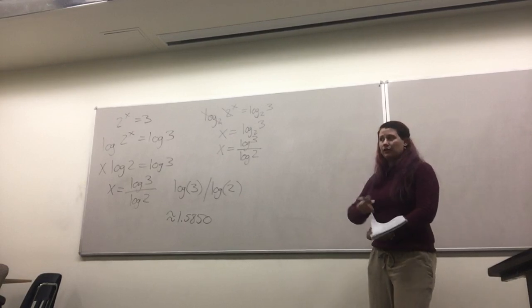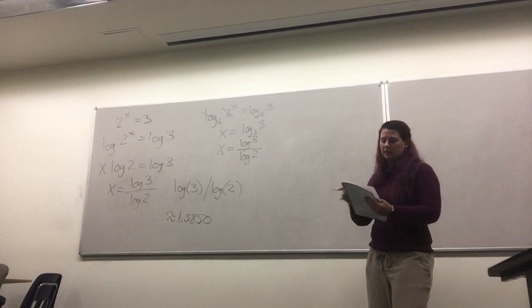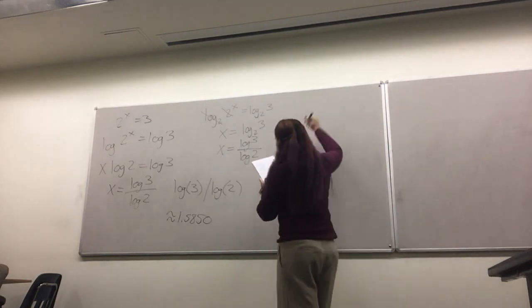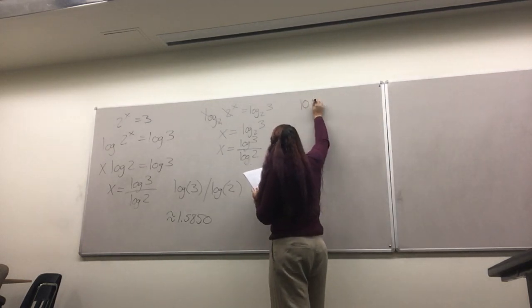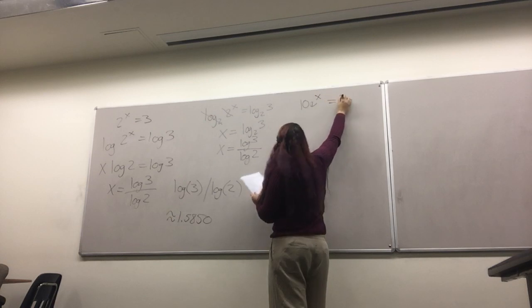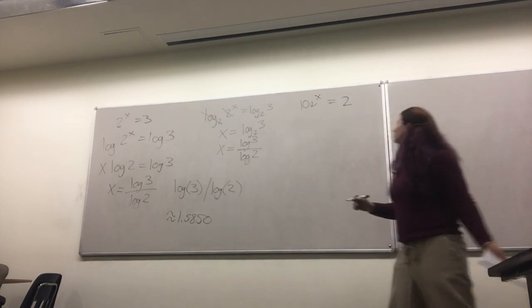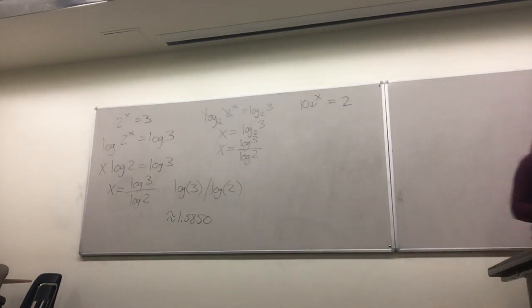Okay, so then next is if we have 10 times e to the x equals 2. So what's going on with this one? Again, the x is in the exponent, right?